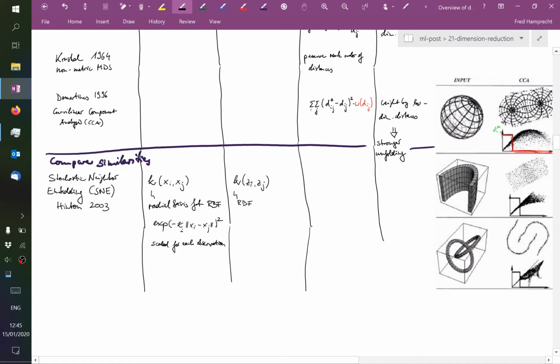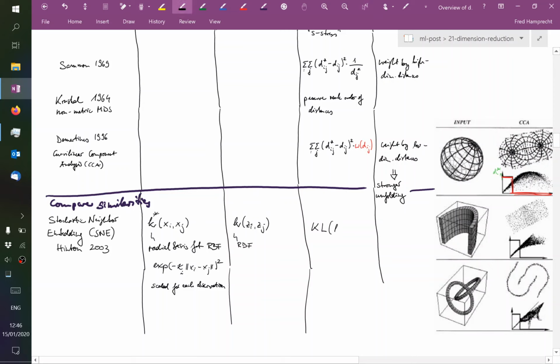And to find a good low-dimensional representation, he was minimizing the Kullback-Leibler divergence between, let me call the first k star and the second one k, again over all pairs i and j.